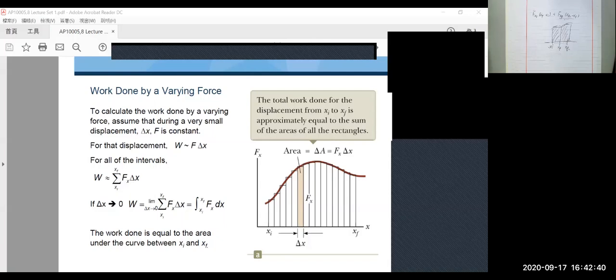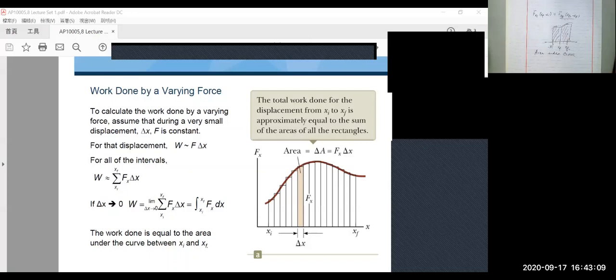So at the end, how do we calculate the work done by a varying force? We just add up all the rectangles. Conceptually, that is the idea. We just add up all the rectangles under the graph. Or to be more precise, we are calculating the area under the graph of the curve.